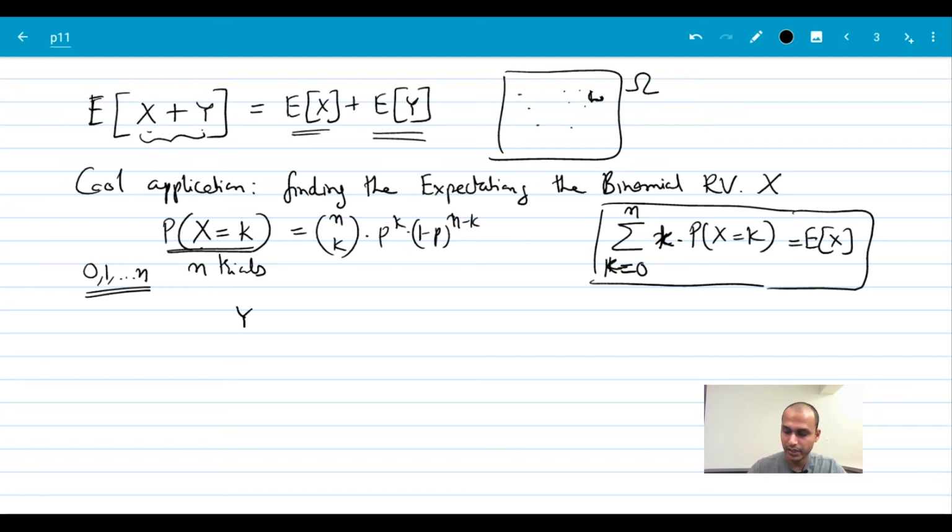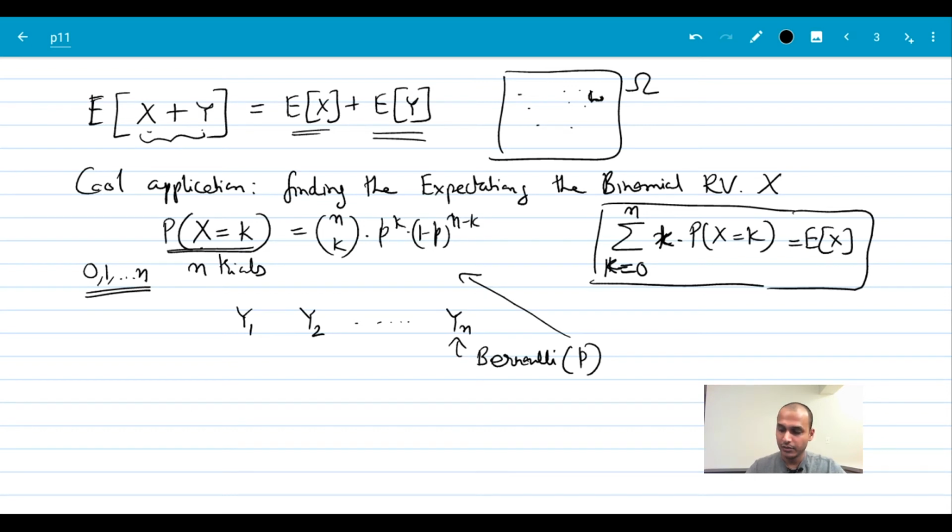Let Y1 represent the random variable which takes a value 1 if there is a heads and 0 if there is a tails in the first trial. Similarly, let Y2 be a random variable which takes value 1 if there is heads in the second trial and 0 if there is tails, all the way to Yn. So I have defined n random variables. As I described them, they are just Bernoulli, with the same parameter little p that I used here. Each one has the same parameter.